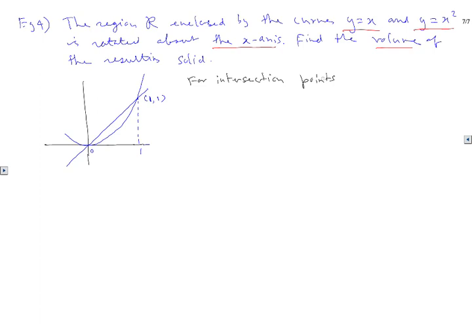We did this in the area problems also. We set them equal, so x squared equals x. Set the equation, bring it to one side and factor it. This gives you x equals 0 and x equals 1. Those are the corresponding x values, and then you can find the corresponding y values by plugging into the equation, and you can see that it's exactly 0 and 1. So this is what we normally do.